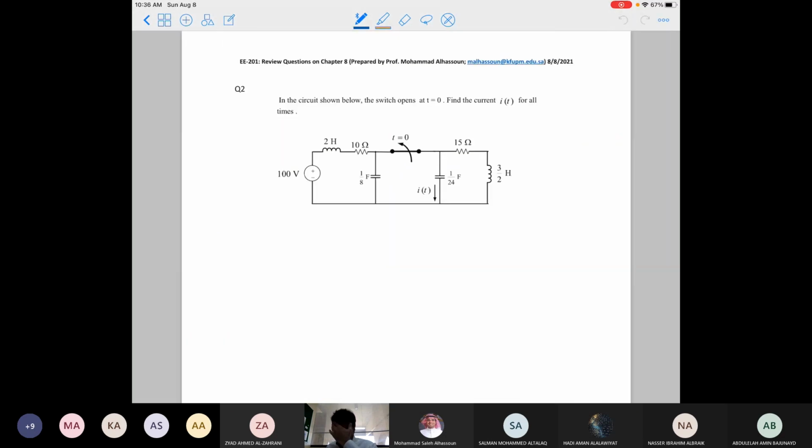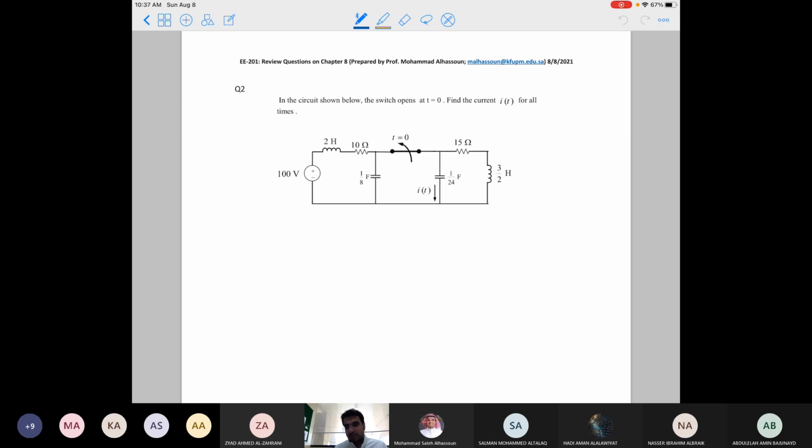Okay, let's try to solve this problem here. In the following circuit, we're trying to find the expression for the current for all times. When you have a question asking for the expression of a quantity for all time, you need to consider what happens for t less than 0 as well.